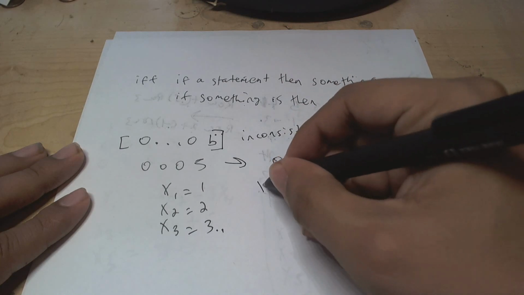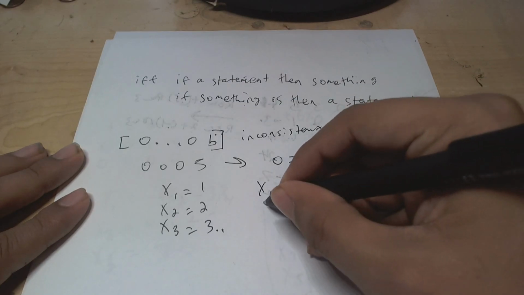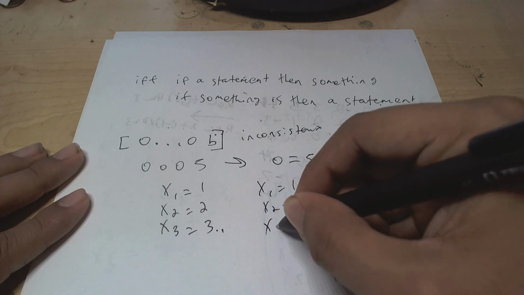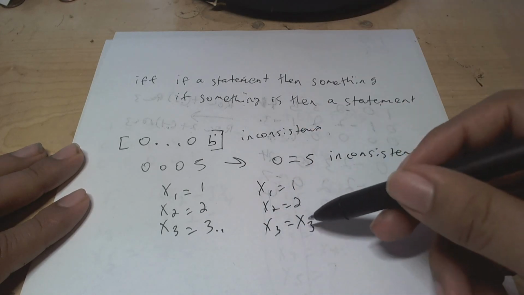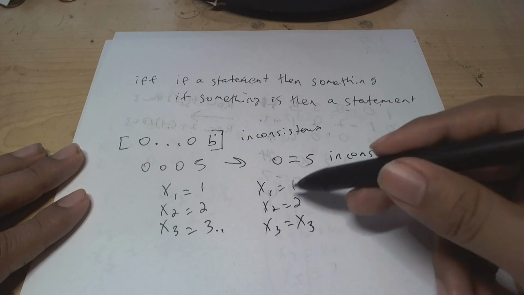Now, if you get something like I showed you before, x sub 1 equals 1, x sub 2 equals 2, x sub 3 equals x sub 3, making it a free variable, that means there are many solutions. It's a general solution.